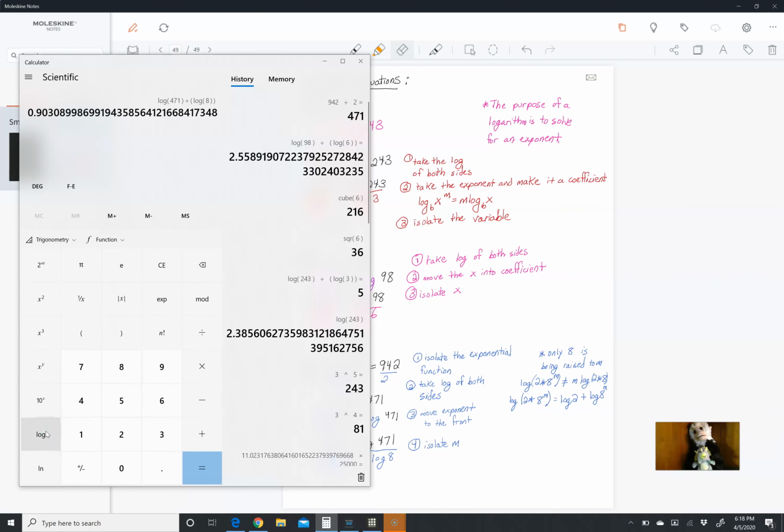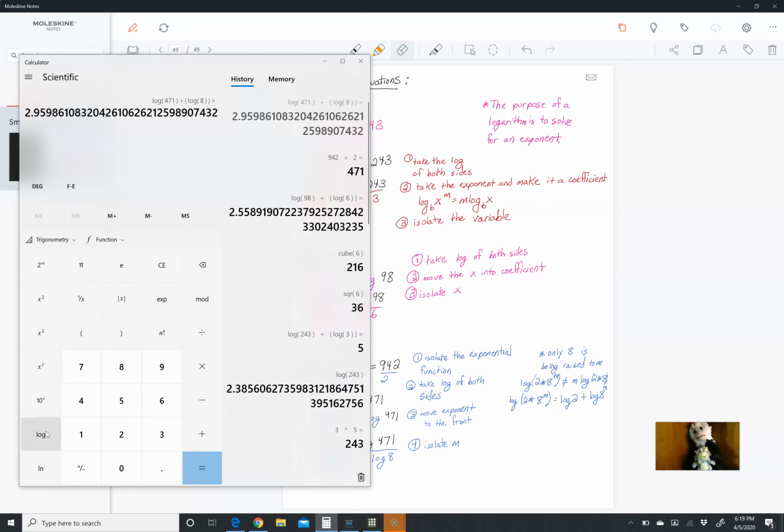You don't really need the parentheses because the order of operations will say do log first, but I put them in there just so that I'm comfortable with the way that it's being done, and I don't have to worry that I messed up the order of operations in any way. So this gives me 2.96.